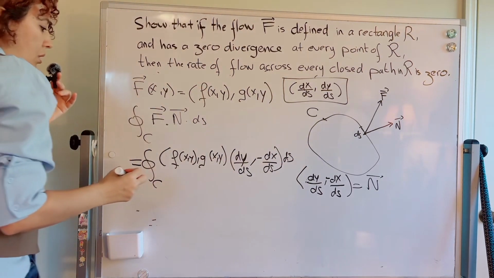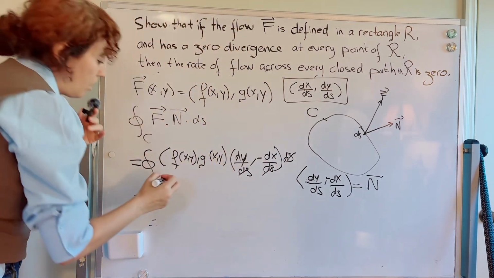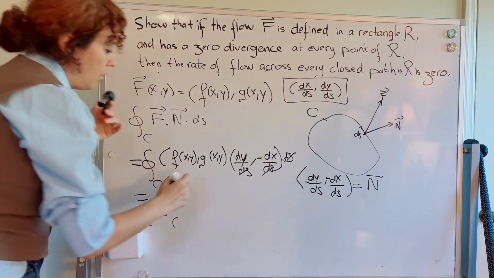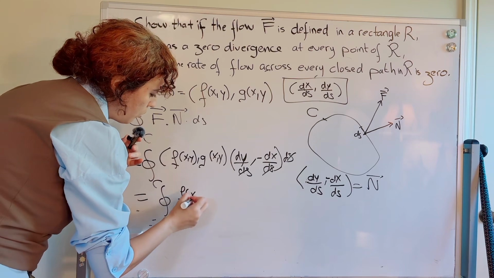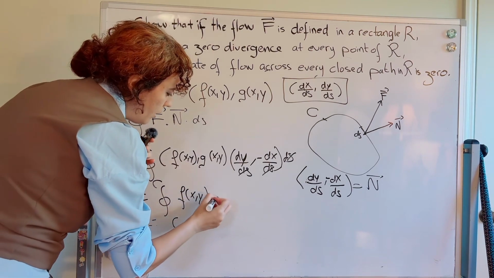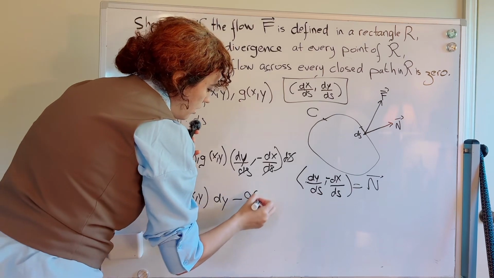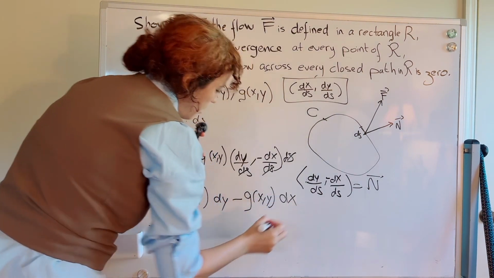The ds is going to cancel, and we're going to have F(x,y) dy minus G(x,y) dx.